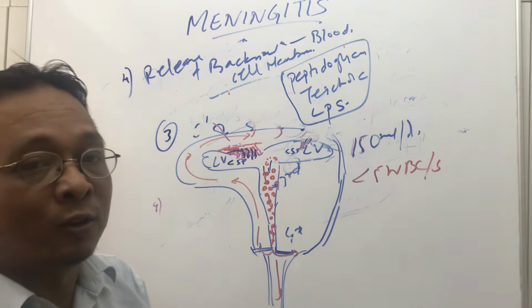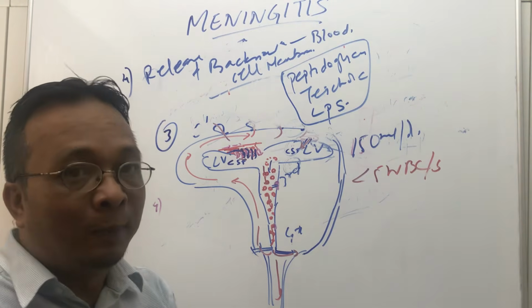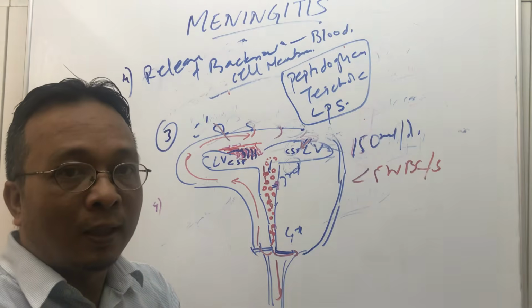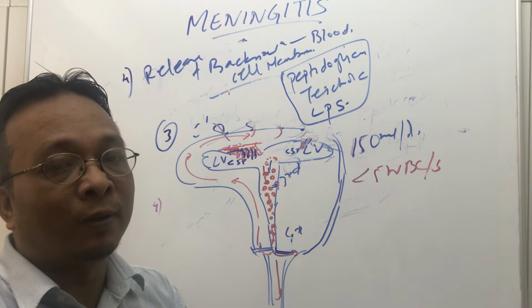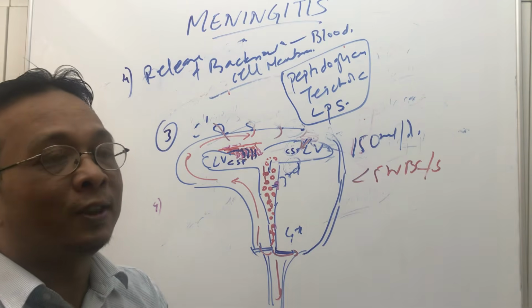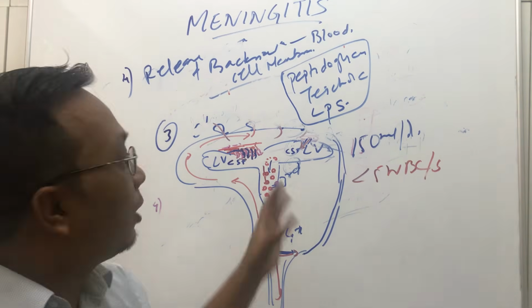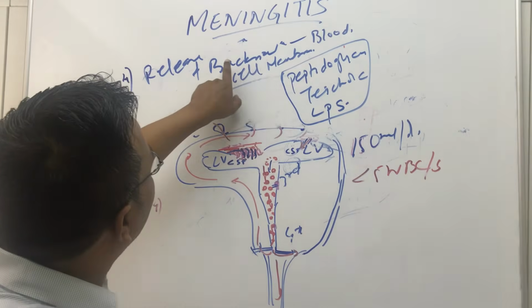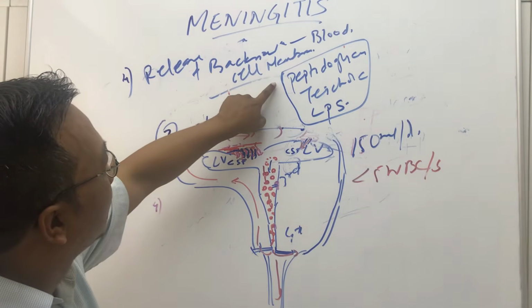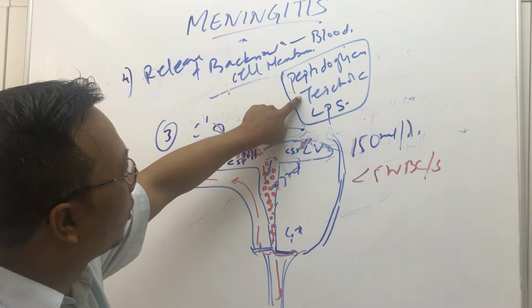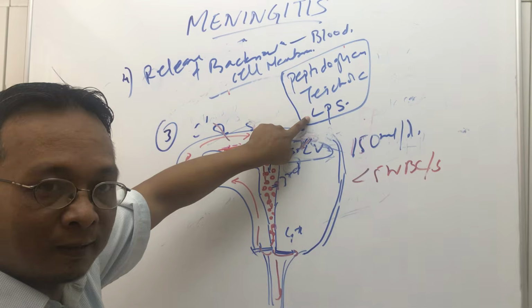So meningitis is not actually only because of the bacterial invasion. It is 80% because of our immune aggression, or the ignition of our immune system. You can say there is collateral damage now onwards. So when the bacteria die, they release the cell membrane products like peptidoglycan, teichoic acid and lipopolysaccharides.